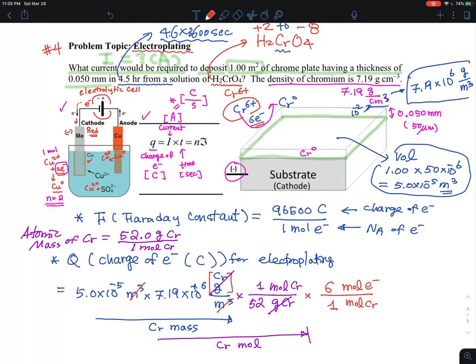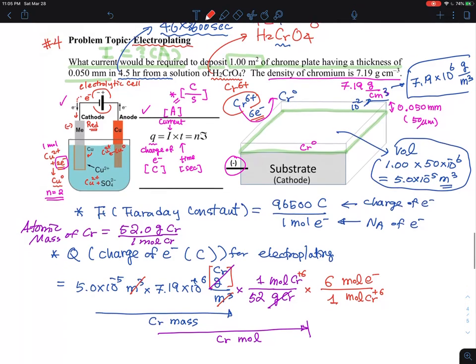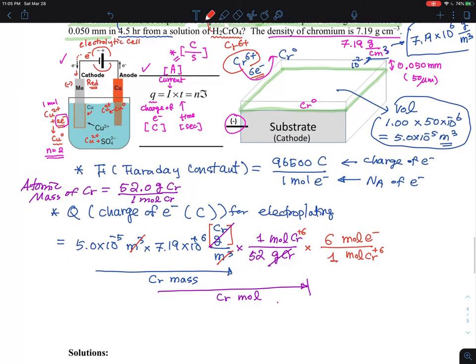Okay, so if you want to be super careful about it, you guys can think about it that way as well. But at any rate, a 1 to 6 ratio between chrome atoms and electron particles, right? So by doing so now, I'm getting there really, right? So that's the number of moles of electrons.